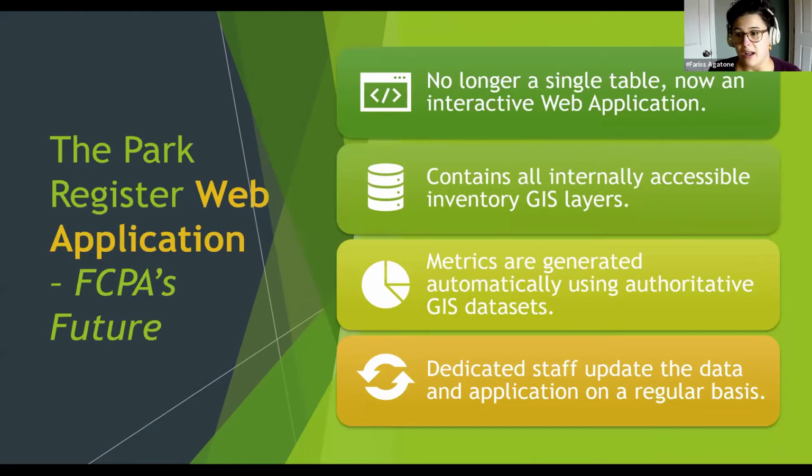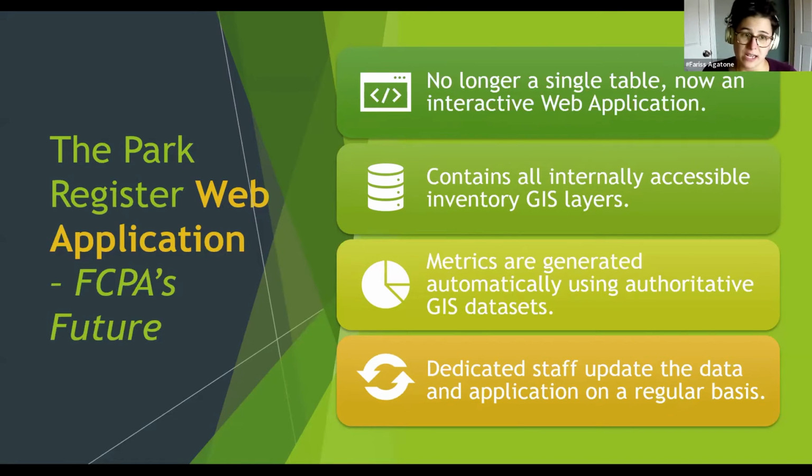As a result, over the last 5 years, we've spent a significant amount of time working on GIS data for all of our features, if you will. So those things that I mentioned, playgrounds, courts, fields, we don't just manage the information about those in Excel or Access anymore. We now have individual GIS data sets for each of those features.